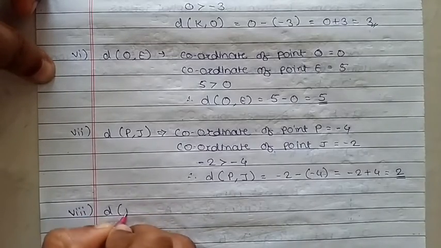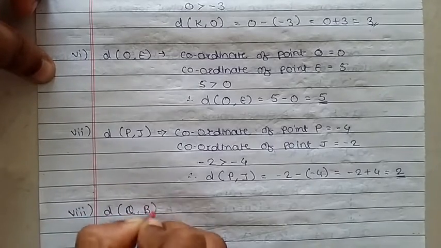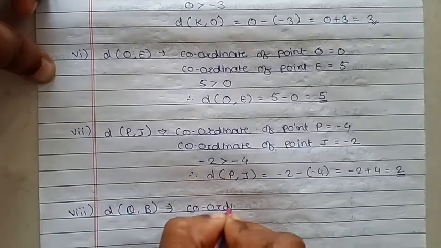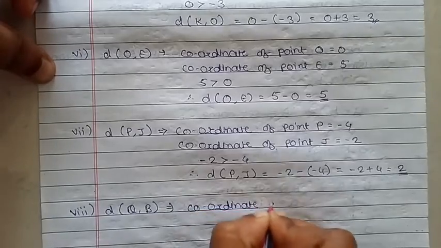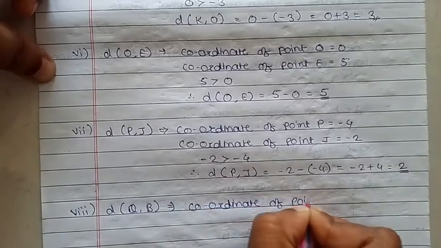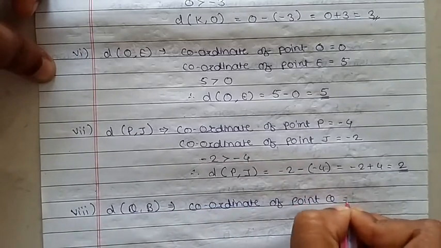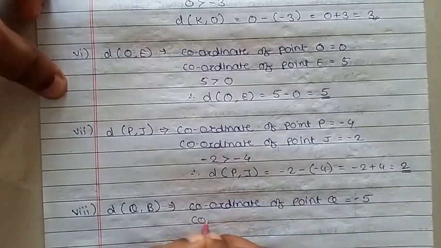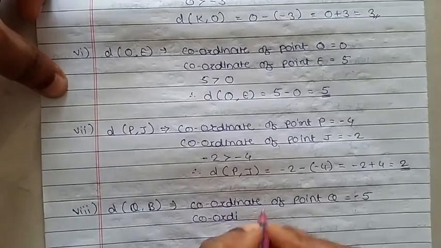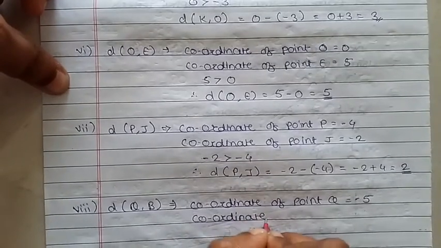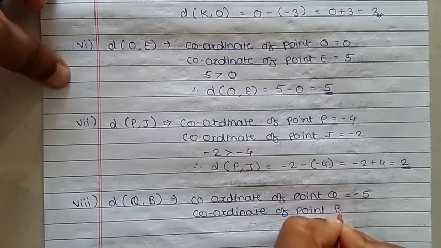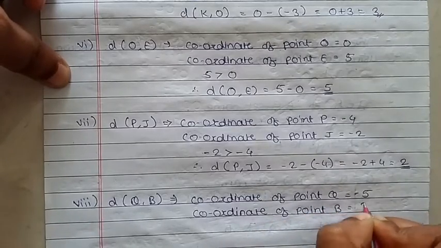Then the last one, the 8th one, that is the distance between Q and B. The coordinate of point Q is minus 5. Next, the coordinate of point B is equal to what? 2.